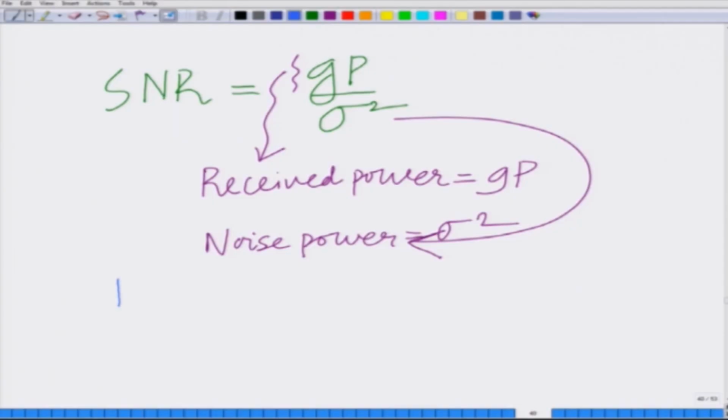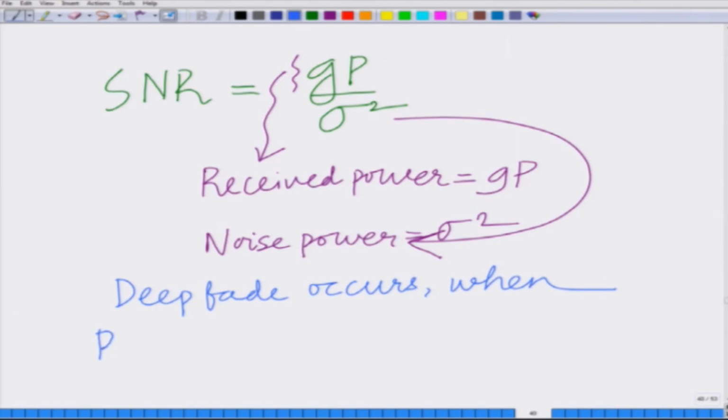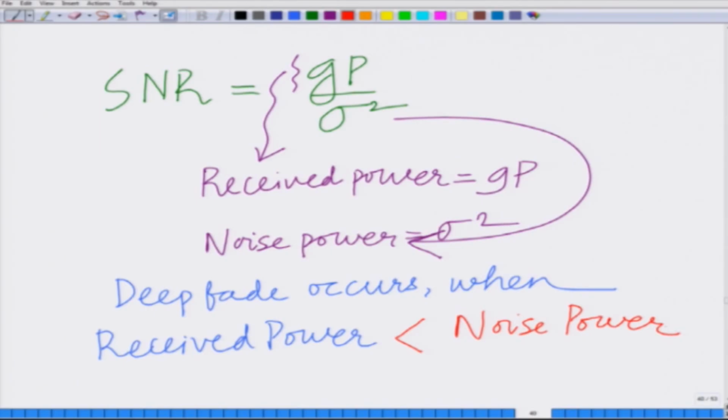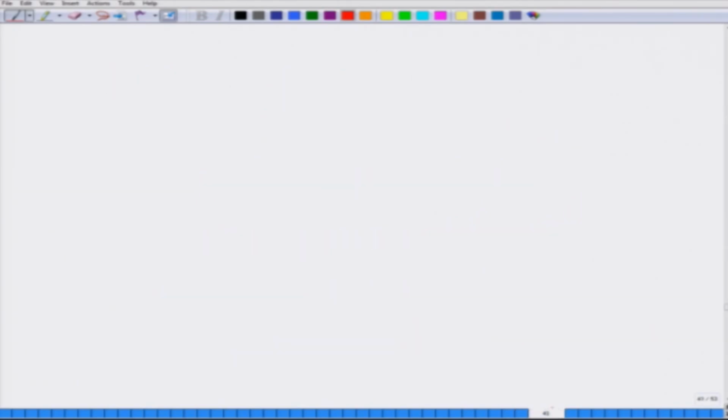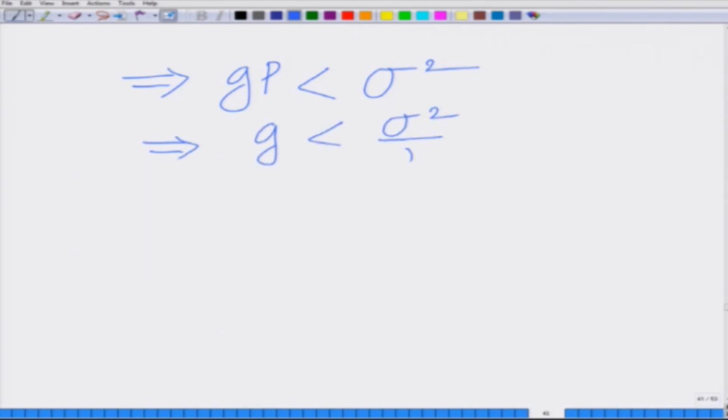So, our deep fade occurs when the received power is less than the noise power, which basically implies that the received power GP is less than the noise power sigma square, which implies G is less than sigma square by P. But remember sigma square by P equals 1 over SNR, since SNR is P divided by sigma square.